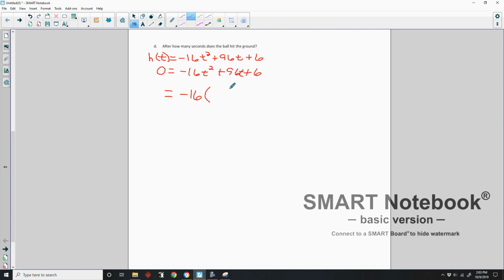And then we need to take this t squared plus 96t and find what's a perfect square. So remember, if we factor out a 16 also, then that's not going to be 96. So it'd be 96 divided by 16.